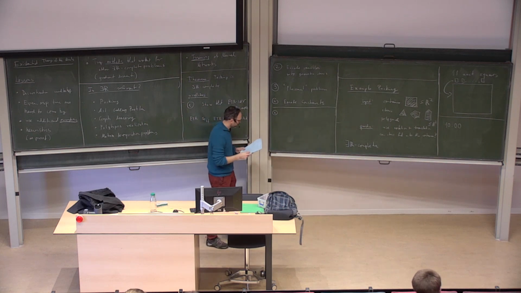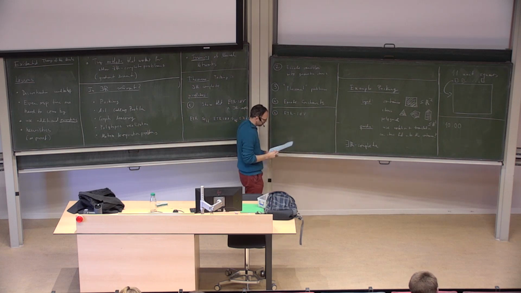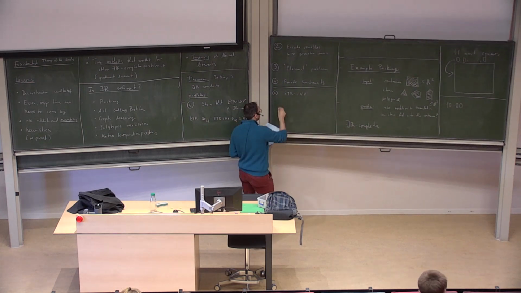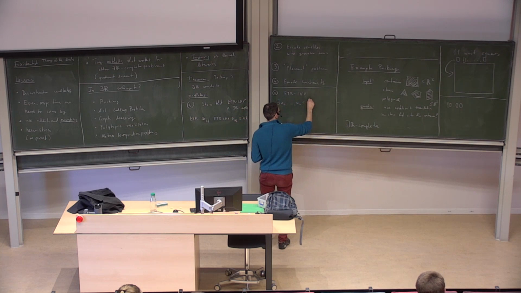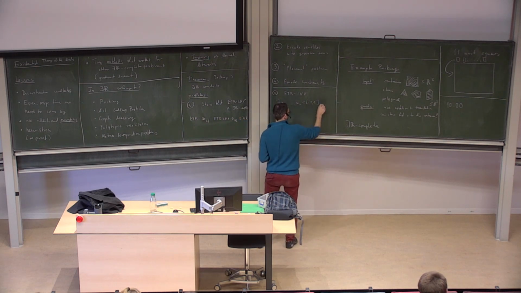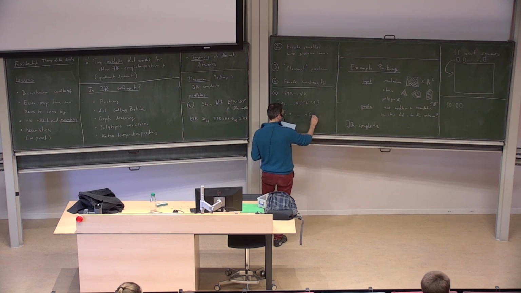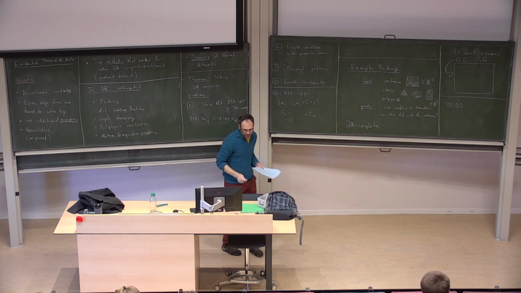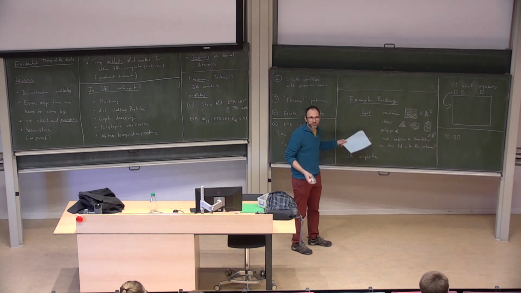What is this ETR-inf? We ask, does there exist x1 to xn, let's say in the range of -1 to 1, such that constraints C1 to Cm are satisfied. So all of them need to be satisfied. And how does a constraint look? You remember the definition of a packing, right?